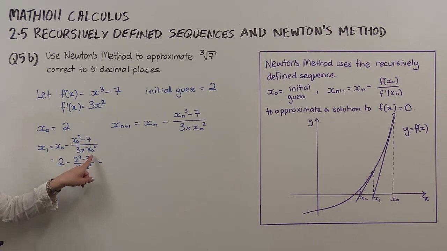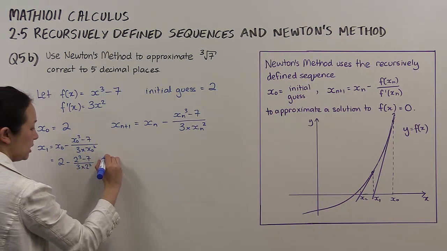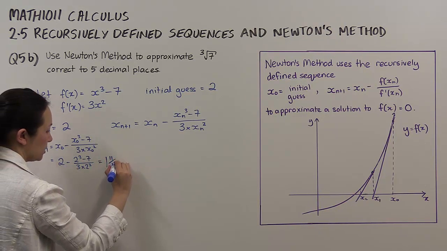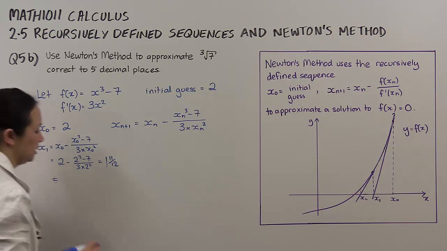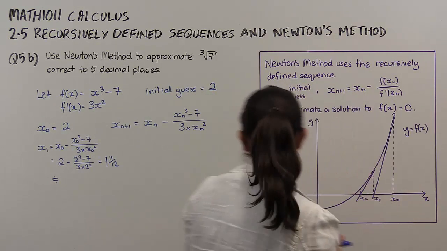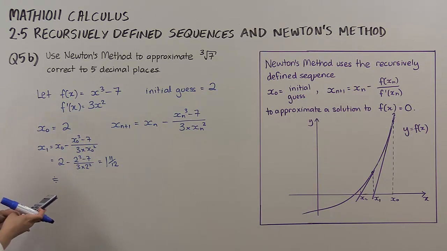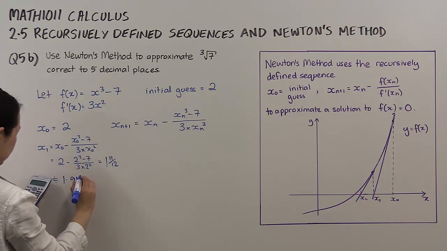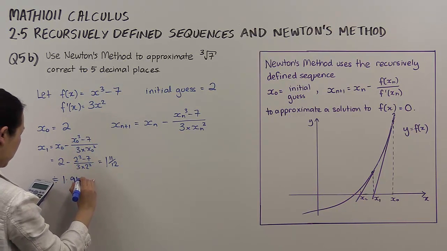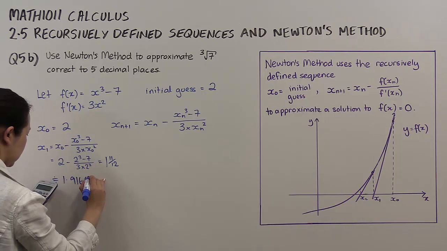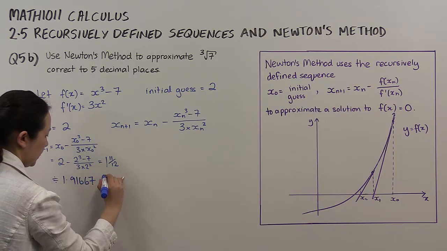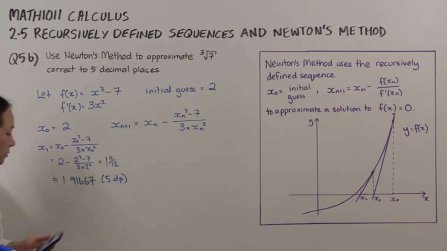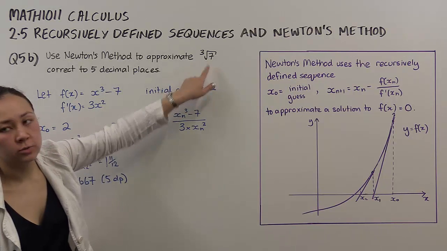So that's 2 minus 1 over 12, so 2 minus a 12th, which is 1 and 11 twelfths. Let's write that to so many decimal places. We want it to 5 decimal places, so 1.91667. I'll round it to 5 decimal places there. Okay, so that's our next term in the sequence, which is slightly closer to the cube root of 7 than 2 is.